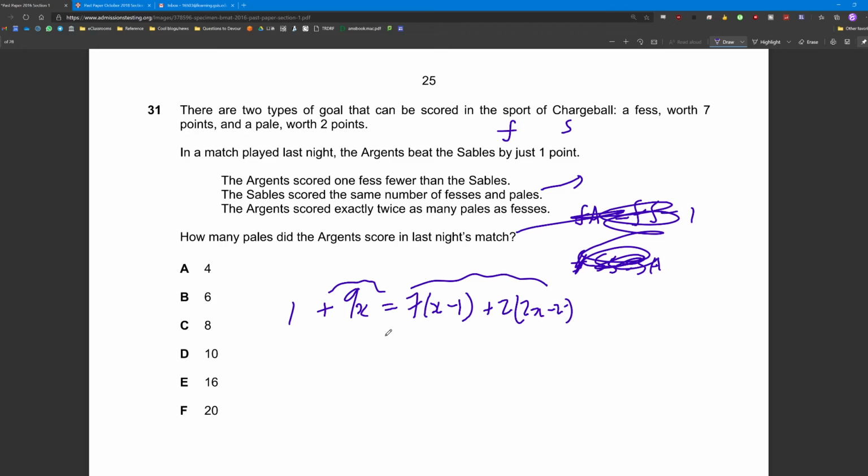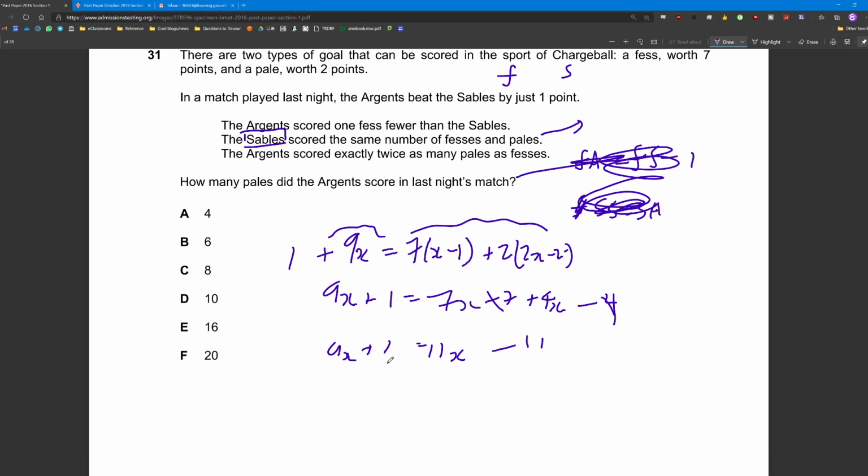And you can do everything quite easily in terms of the number of fesses and pails that the sables scored. So if 9x plus 1 is 7x minus 7 plus 4x minus 4 minus 11x.